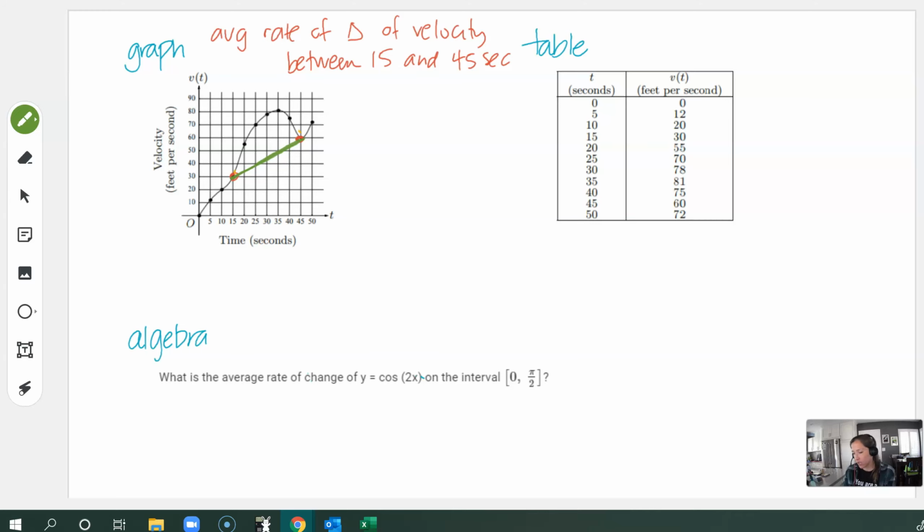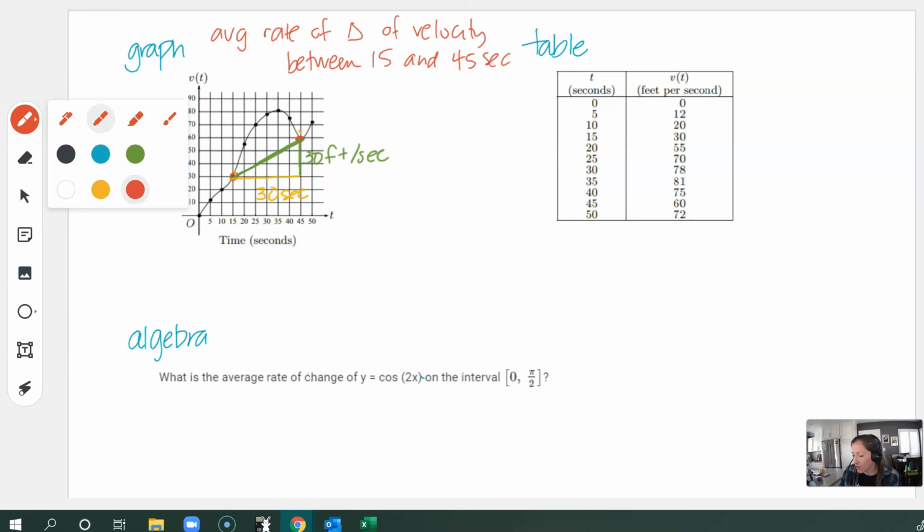We could just do that count over, count up type deal, the rise and run, or we could use one of those formulas from the previous page. So looking here, it looks like our rise, we went from 30 up to 60, so we rose 30 feet per second. And our run, we went from 15 to 45, so another 30, this time in seconds. So now let's go ahead and put units here. It's going to get us good practice for moving forward.